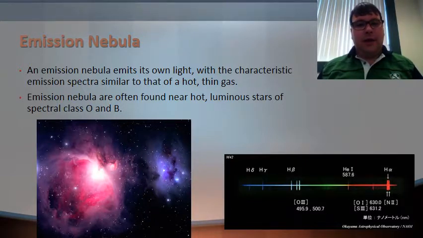Because they are very hot, they are going to radiate their own light. So we can observe these spectra, and we get a spectra very much like the one that's pictured below, where we see the different types of emission of hydrogen, helium, primarily, and then other elements as necessary.